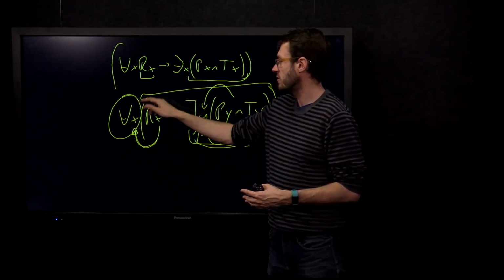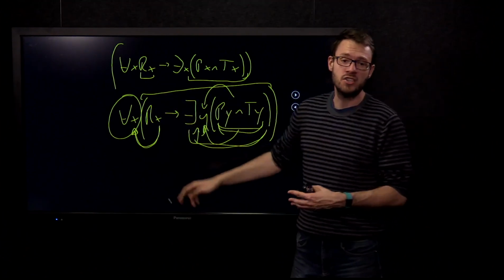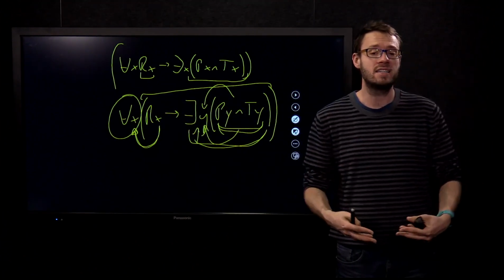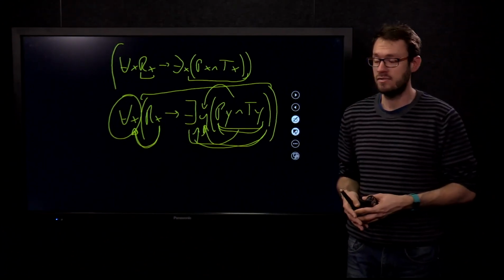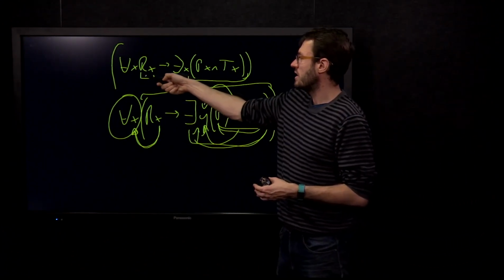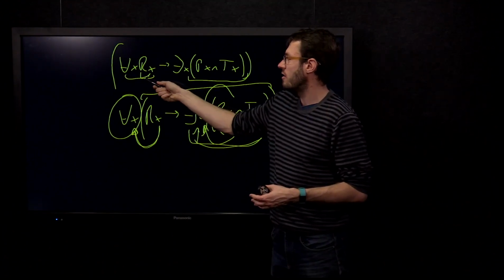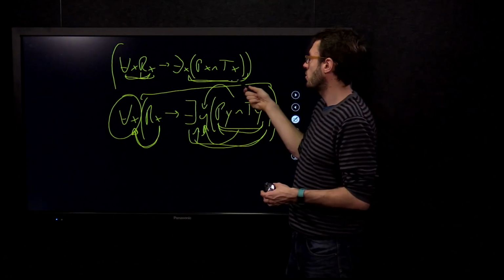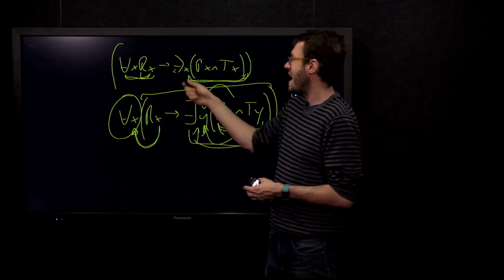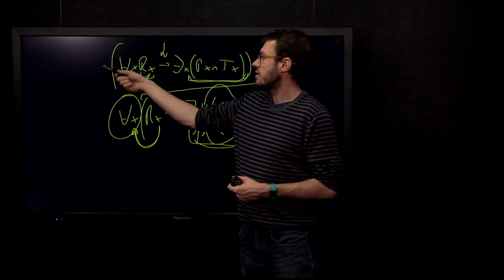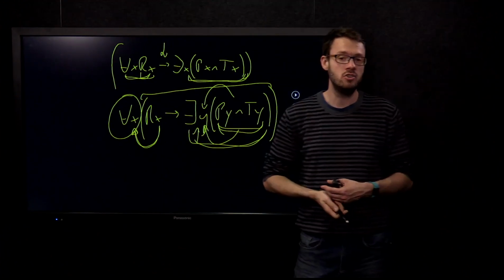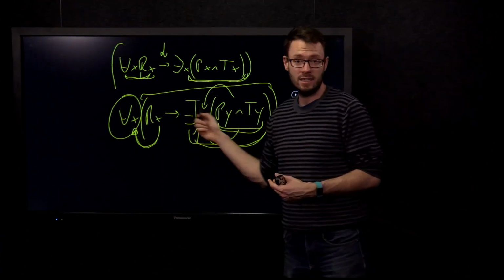Here, that universal quantifier governs the scope of the whole thing, so we're actually looking at an entire sentence that is operated upon by a universal quantifier, and that's the thing that we're going to have to focus on. Up here, the scope of this universal quantifier is this Rx, the scope of this existential quantifier is this Px and this Tx, and there's nothing that has broad scope over the whole thing, which means that we're not operating on the entire sentence using a quantifier like we are here.